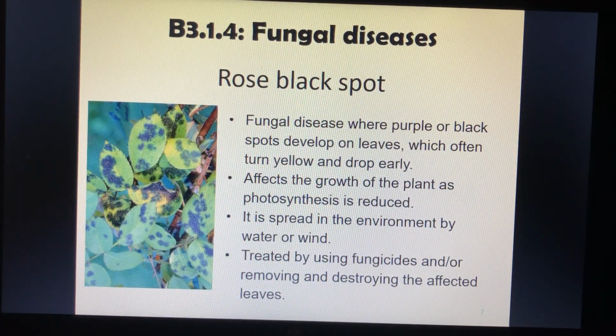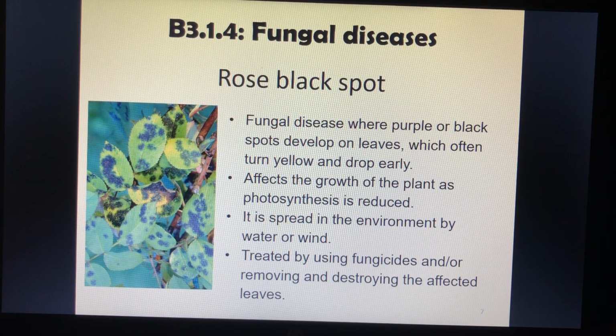So we go on to a fungal disease now. This one we're looking at is another plant one called rose black spot. It mostly affects the rose plants, and you can see from the picture there you've got these spots of black on the leaves, again doing exactly the same as the tobacco mosaic virus, where it's reducing the growth because the rate of photosynthesis has been reduced, as we've got less areas of the leaf that can actually undergo photosynthesis.